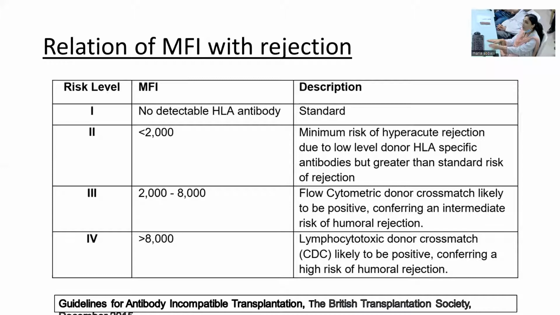If the MFI is between 2,000 and 8,000, then we assume that there is intermediate risk, the flow cross match is going to be positive, and there is intermediate risk for humoral rejection. I will discuss what the flow cross match is in the upcoming slides. And if the MFI is greater than 8,000, it means that the CDC test is likely to be positive, so we assume that CDC will be positive, and there is increased risk of rejection.